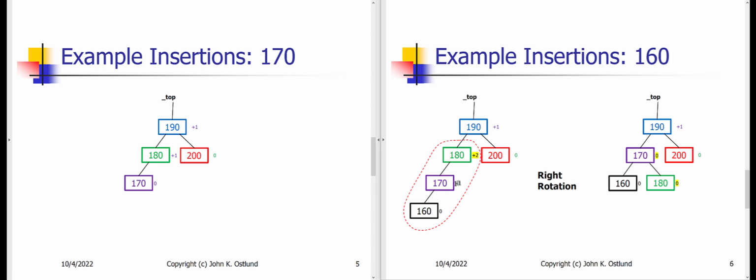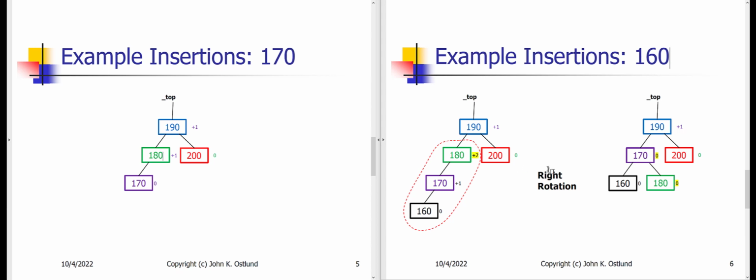We increase the balance factor for 170 to +1. We increase the balance factor for 180 by 1, which brings that balance factor to +2. Now, because that balance factor is not legal, it's outside the range from +1, 0, or -1.